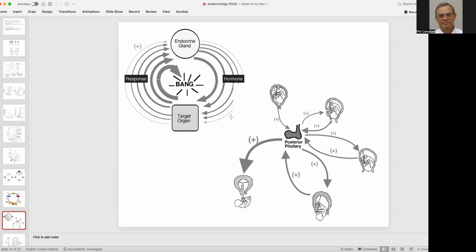We don't care about dynamic equilibrium, or homeostasis, and homeostasis refers to a physiological state. I'll get into more detail when we get into reproduction, but in this particular example, we're talking about parturition, giving birth.